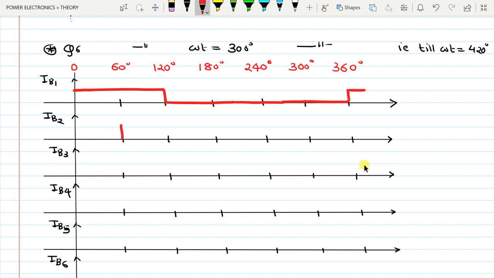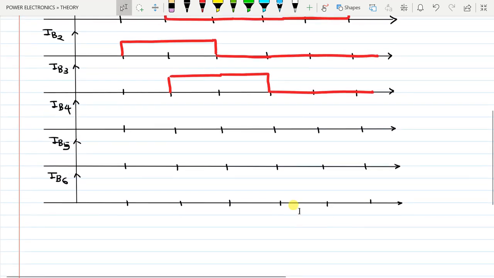So from 60 to 180. IB3 delayed by 60 degrees with respect to IB2. IB4 delayed by 60 degrees compared to IB3.